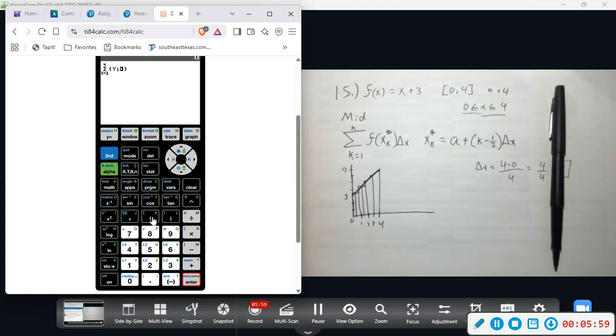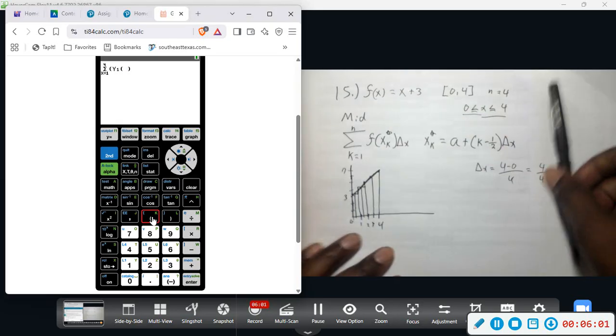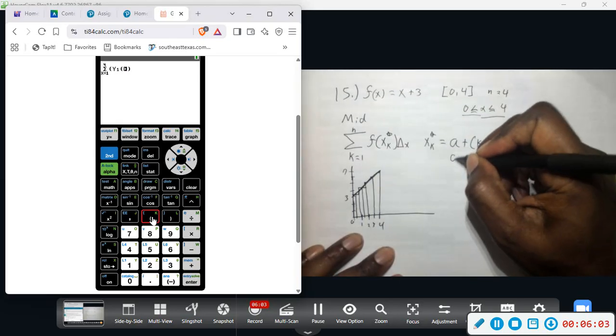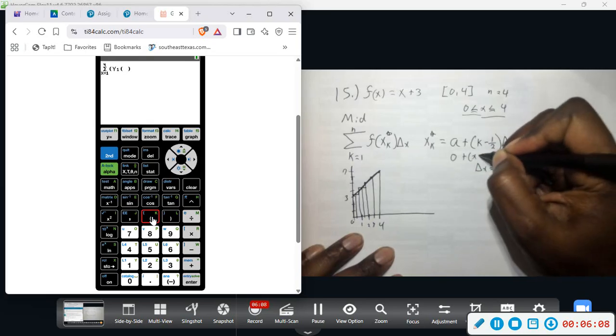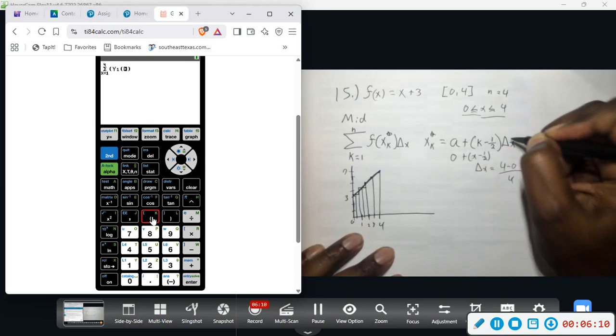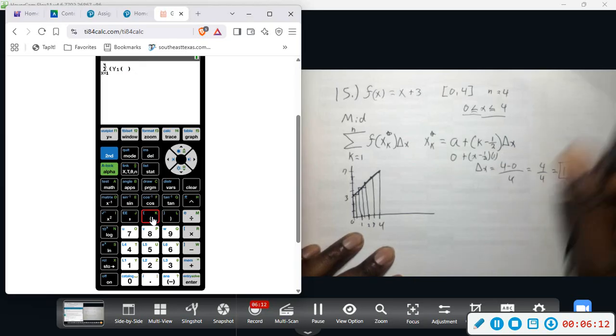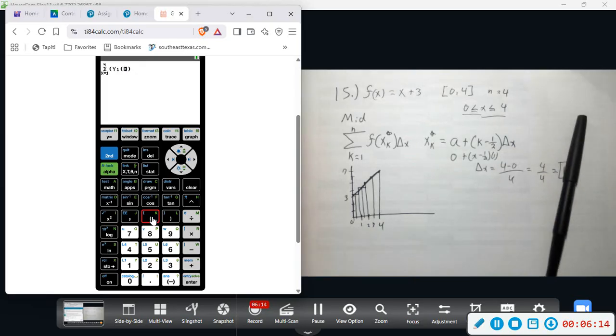So y of a is 0 plus, we'll put x for our k value minus 1/2. Changing x is just 1. So you can put the 1, you don't have to, but I will just to keep things so that we understand that we need all those pieces.